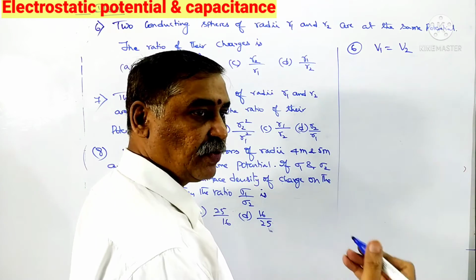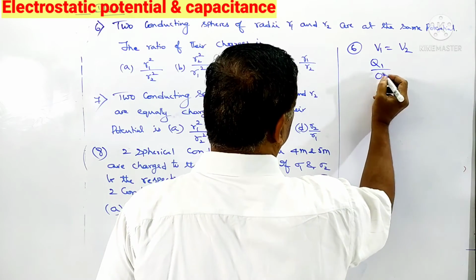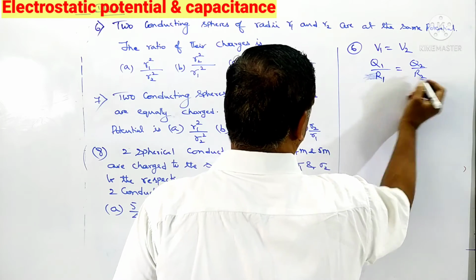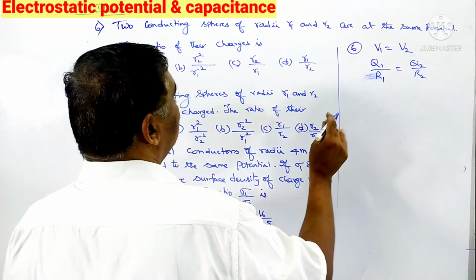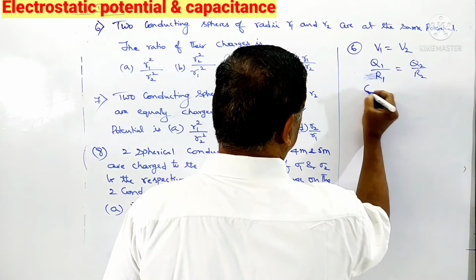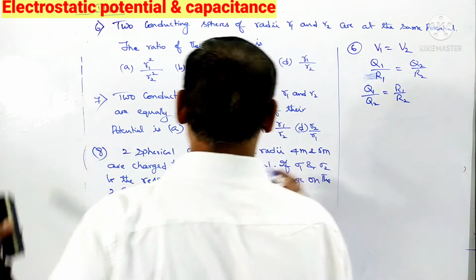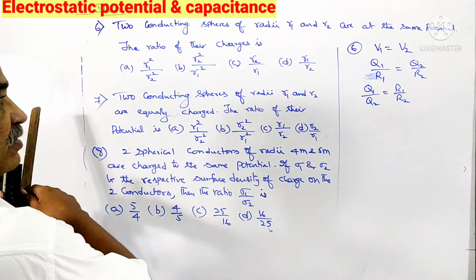Right side also 1 by 4 pi epsilon naught Q2 by R2. So I will take straight away Q1 by R1 equal to Q2 by R2. The 1 by 4 pi epsilon naught on the left and right side cancel. So I want the ratio of their charges, Q1 by Q2 is equal to R1 by R2. Simple question. R1 by R2 is there in option C.